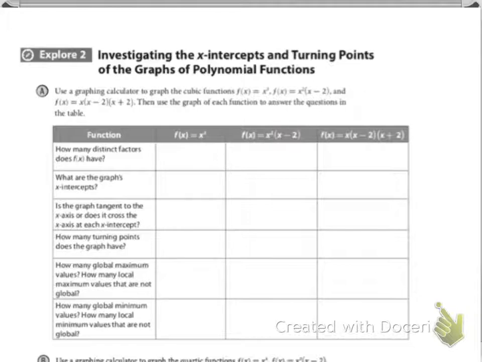We want to look at how many distinct factors does it have? What are the graph's x-intercepts? Is the graph tangent to the x-axis, or does it cross the x-axis? In other words, does it just kind of touch it but not actually cross over it?